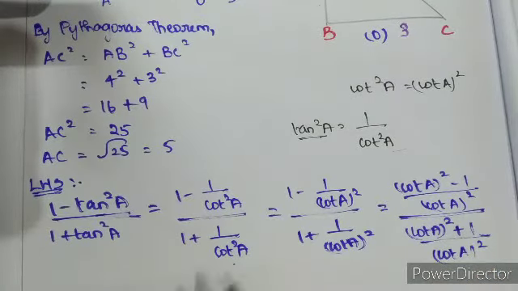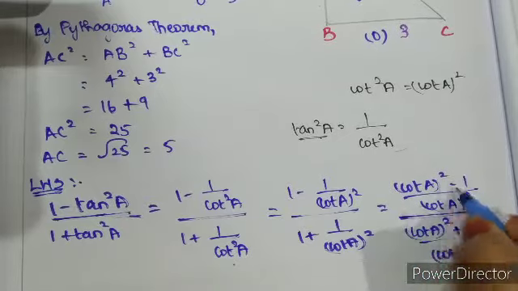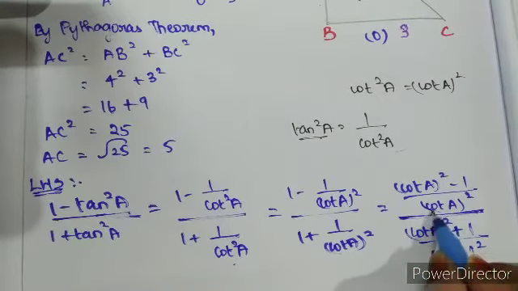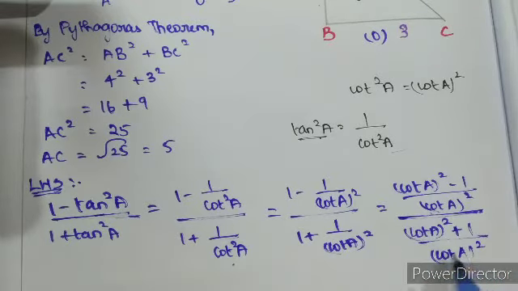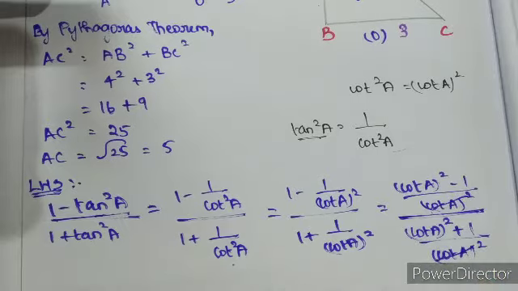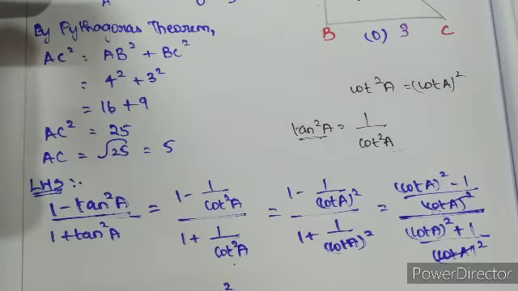Now see here, in the numerator and the denominator we have common denominators, that is cot A the whole square. So we can just cancel this. So we get cot A the whole square minus 1 by cot A the whole square plus 1.